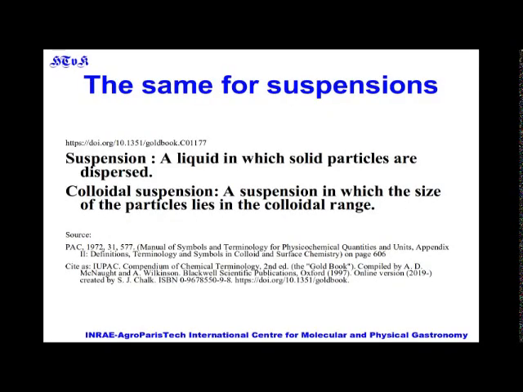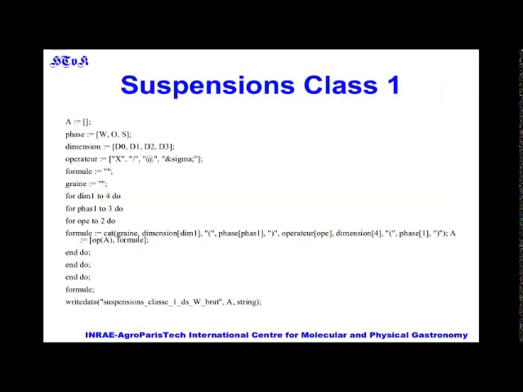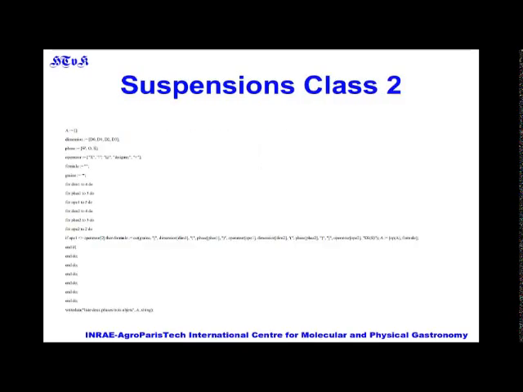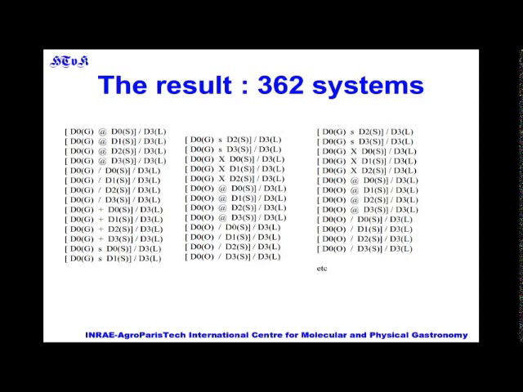Here. Okay? The same for suspension. How many suspensions? Okay, the same kind of program. Here's the simplest suspension, and now for suspension of class 2, there are 362. It's a different number. You will probably have time to look at Arobase.